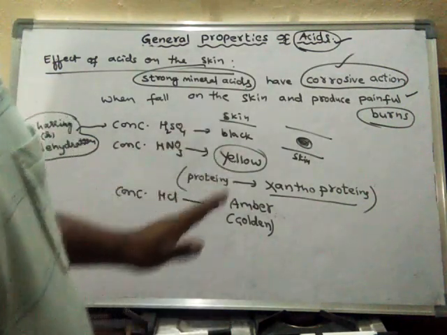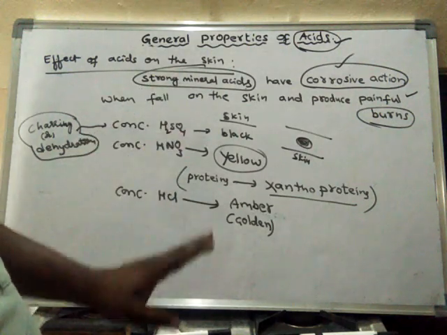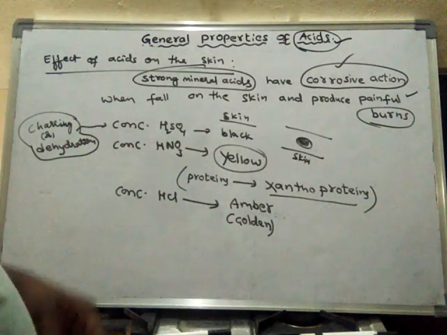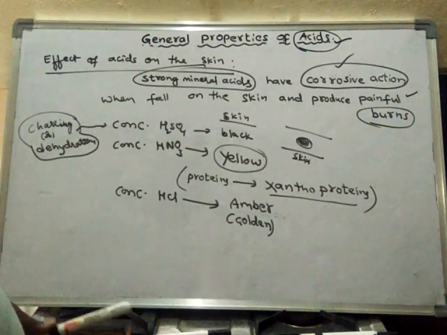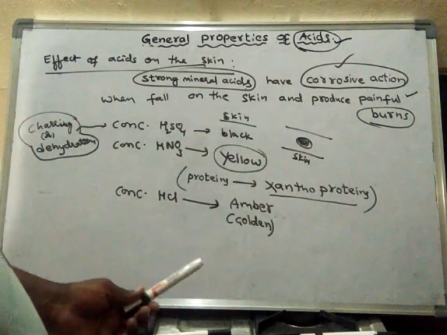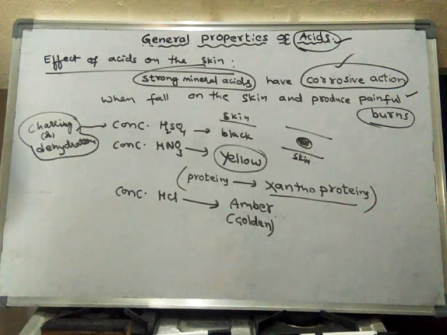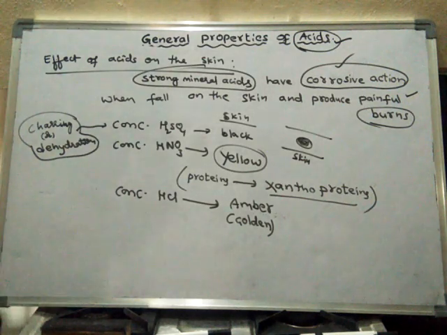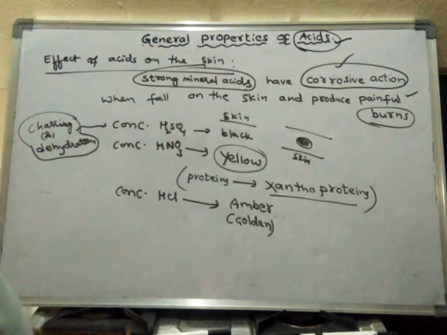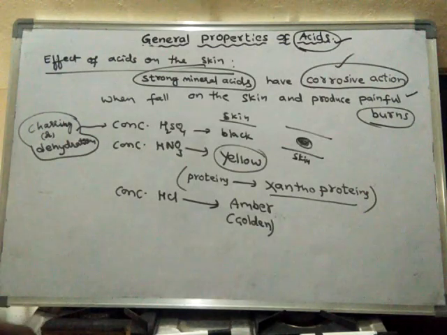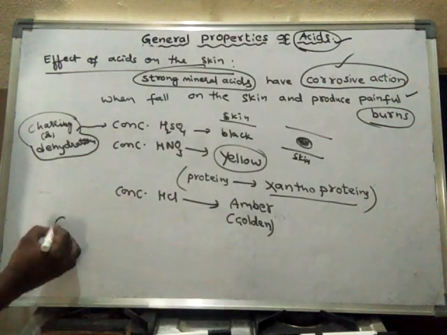Certain strong mineral acids are corrosive. Weak mineral acids, for example carbonic acid, the soda water, we can drink.